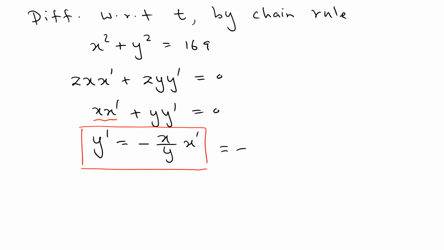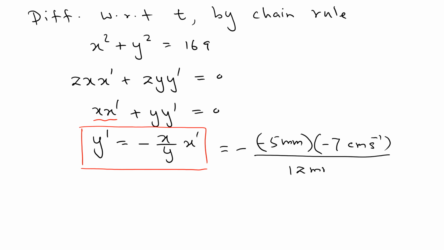X is negative 5 millimeters, x prime is negative 7 centimeters per second, and y is 12 millimeters, and the millimeters get cancelled out, so you get negative 35 over 12. That's the exact value, in centimeters per second.